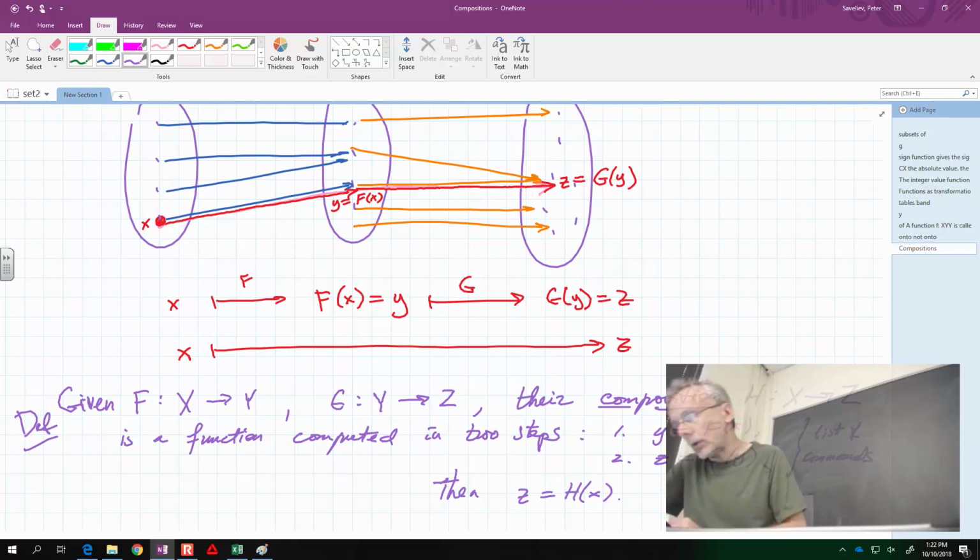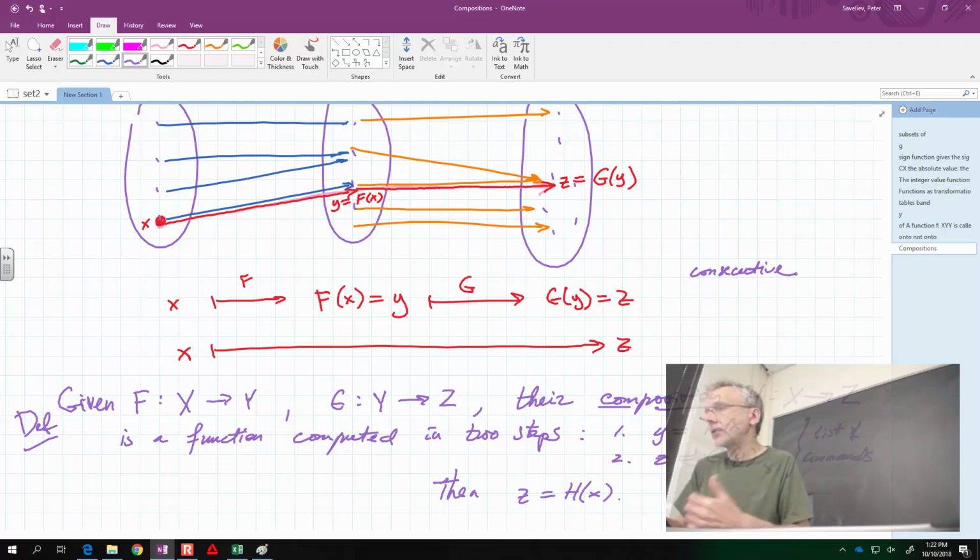So once again, the key is that the computation is consecutive. You cannot start the second step until you are done with the first.